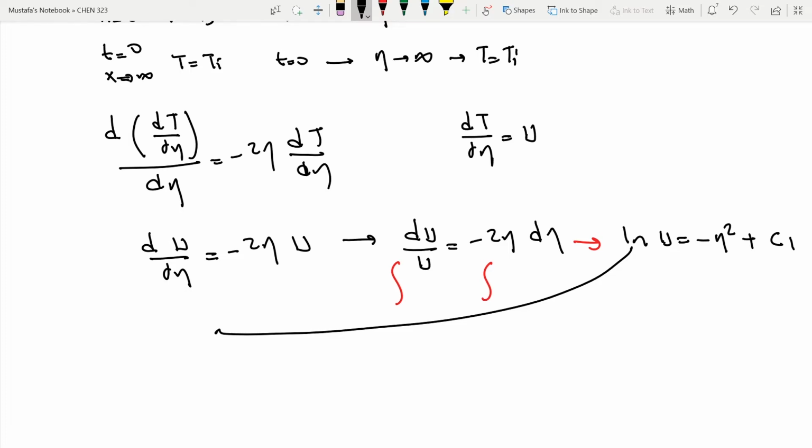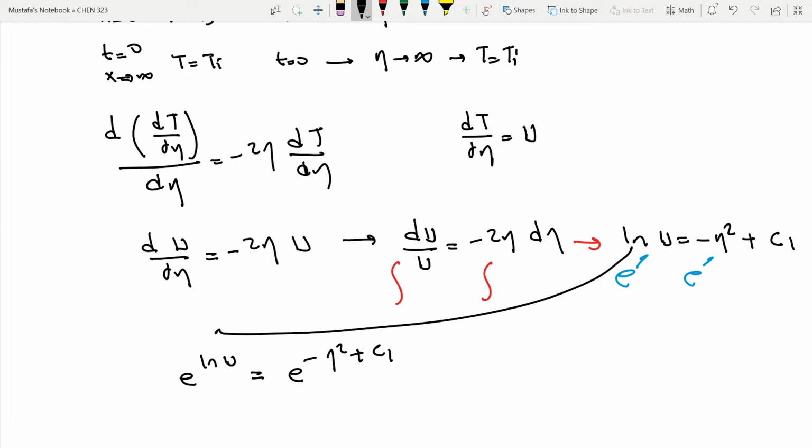I can take the exponent of both sides. So we have e to the ln u is equal to e to the minus eta square plus C1.